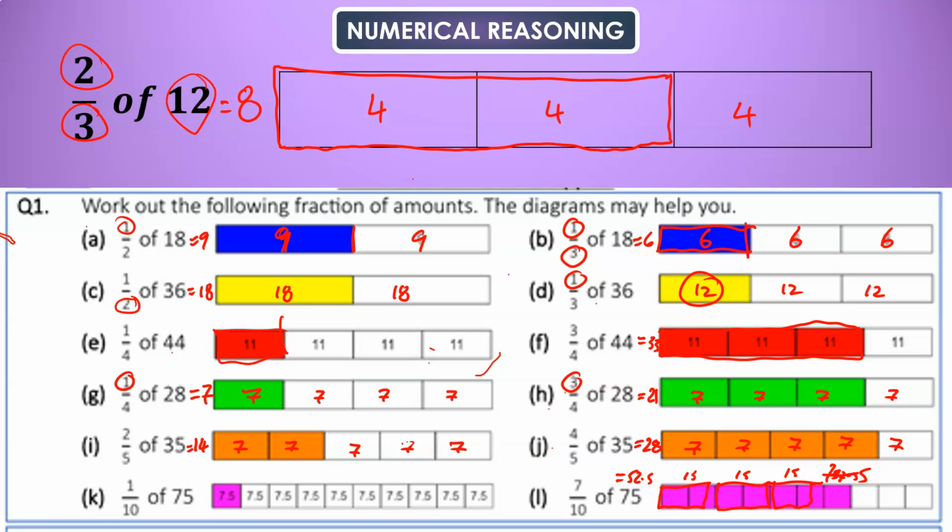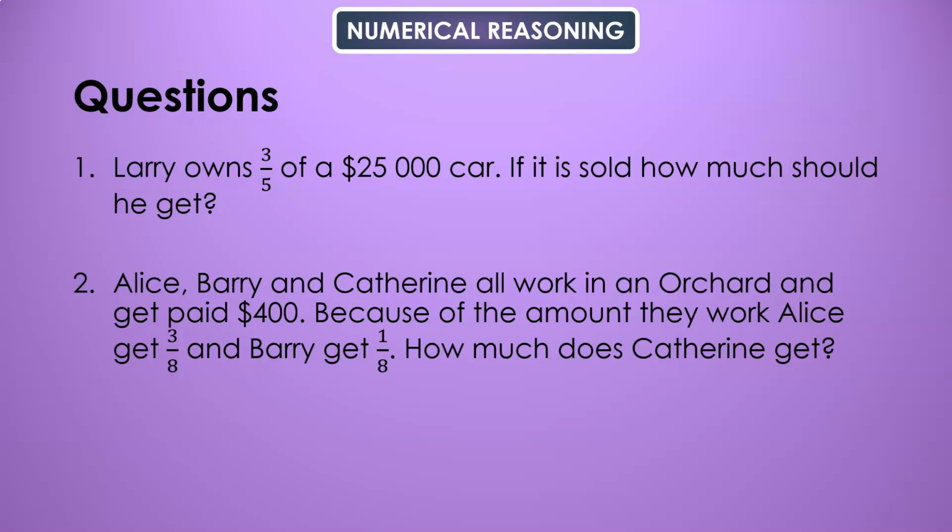So that's how we work out what a fraction of that bigger amount is. Find out how much one of the group is, and then we times it by how many there are. We are lucky with our calculators. It does make our life a little bit easier.